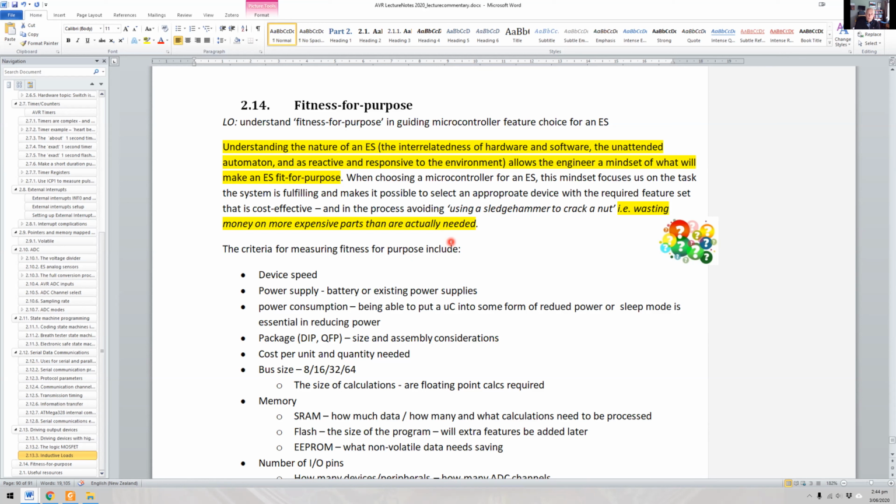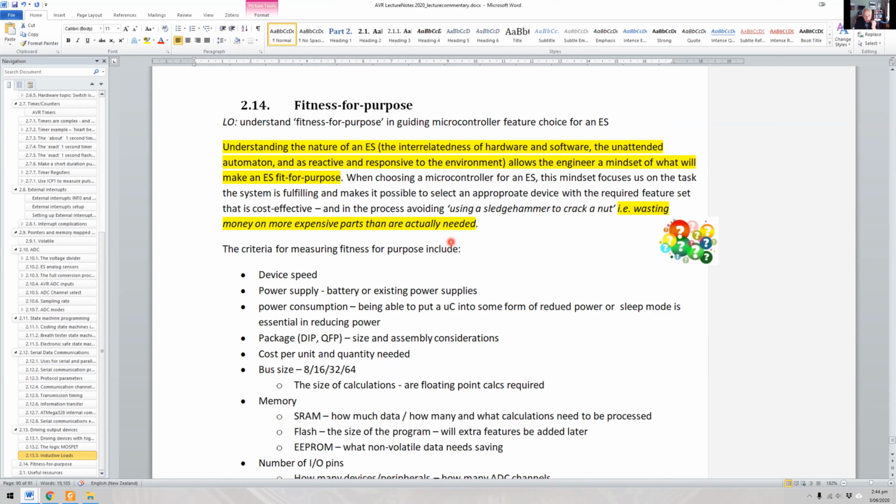They sit inside your washing machine without you monitoring them. They sit inside and monitor air pressure and do all sorts of things in your cars, control the fuel. And really what you need is to develop this sort of eyeball understanding of what a microcontroller and an embedded system offers to your designs and for solving problems in the future.